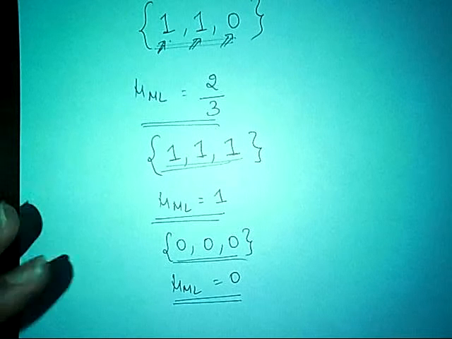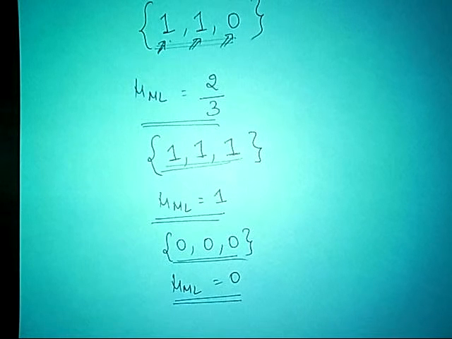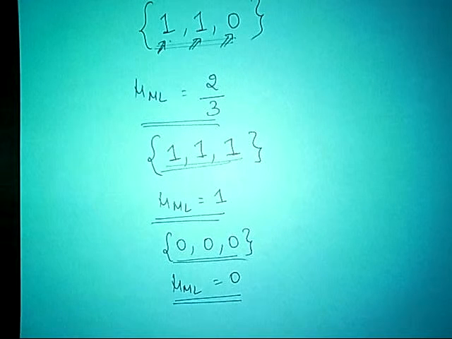So as you can see, by chance if I obtain 0 in the first toss, then my mu ML estimate for the second toss is going to be 0. Similarly, if I obtain a head in the first toss, then my mu ML estimation for the second toss is going to be 1.